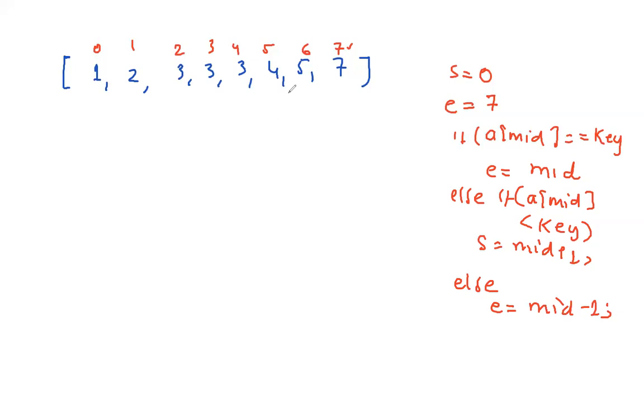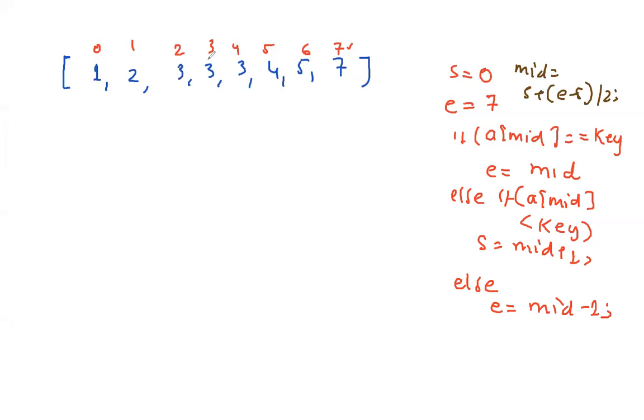So we'll dry run this code here. Let's start. What will be the mid to start with? Mid will be S plus (E minus S) divided by 2. For small integers, you can just do (S plus E) divided by 2, but this particular form is for big numbers, so as not to overflow.